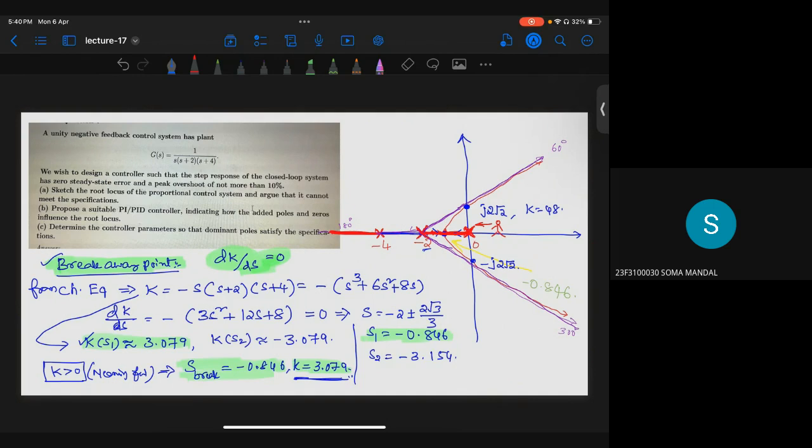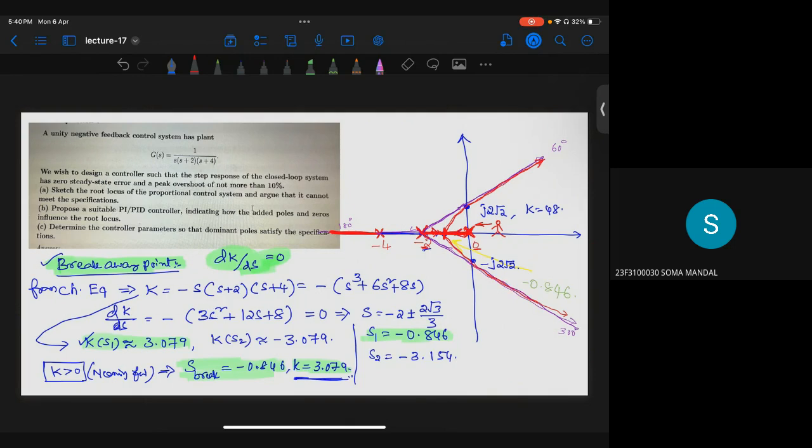Clear. Now, what the minus 2 pole and 0 pole will do is travel till this middle point, in this direction. Then at that point they will hit, and one pole will go in this direction following the 60 degree asymptote.